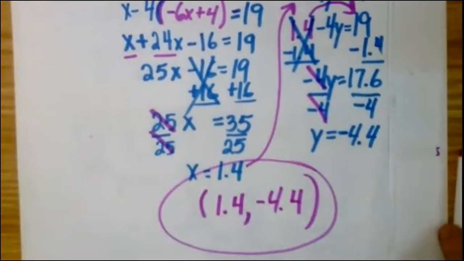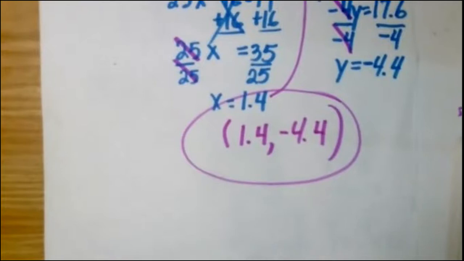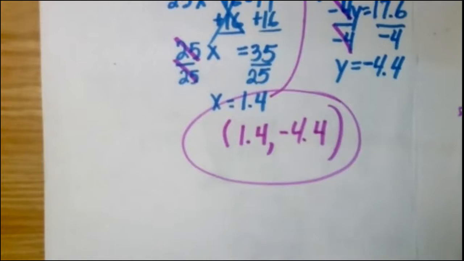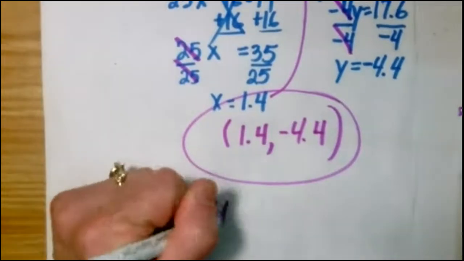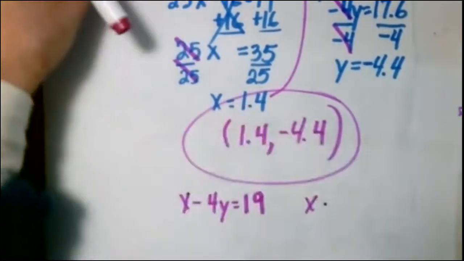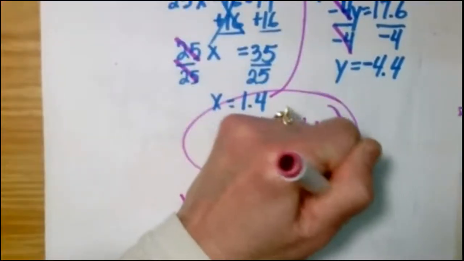Now, if I wanted to check that, I didn't want to graph it and I wanted to check it, I could plug in these numbers into both of the original equations and see if they become true. I'm not going to go through the whole process, but I'm going to show you what you do. X minus 4y equals 19, and what was the other one? 6x plus y equals 4.